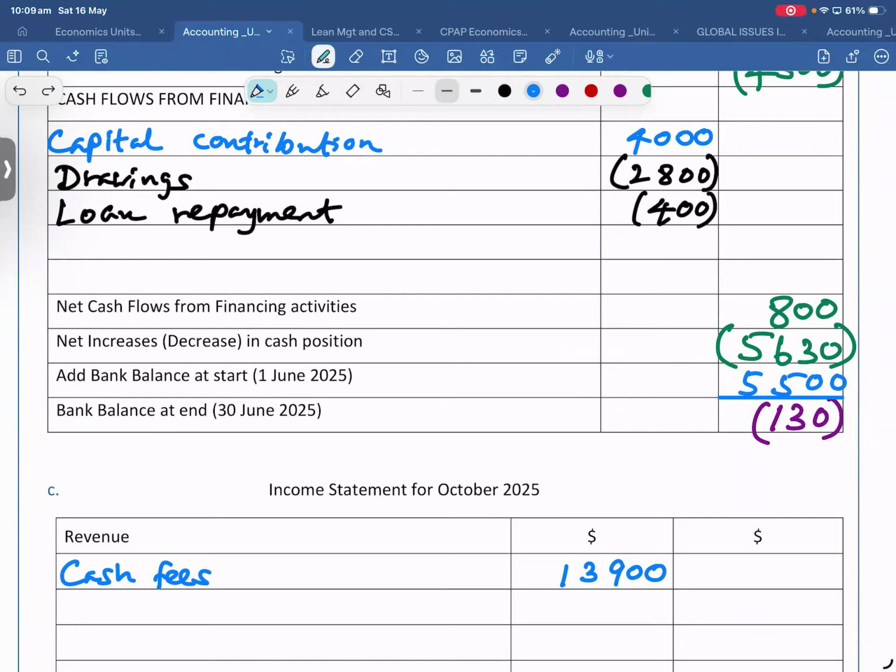Okay. So if you're given the cash receipts journal and the cash payments journal, can't you just calculate the net increase or decrease straight away? Yes, that's what we did. But before you add any items, you can check it immediately.